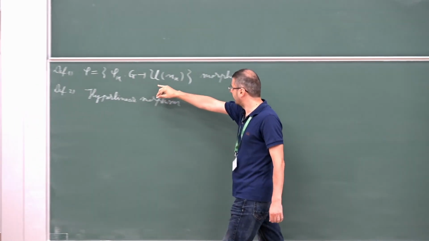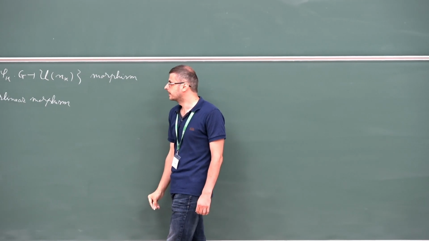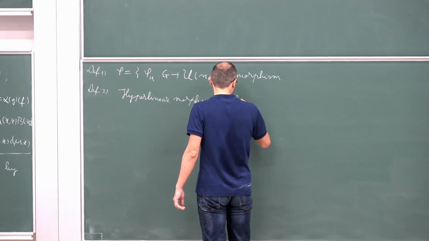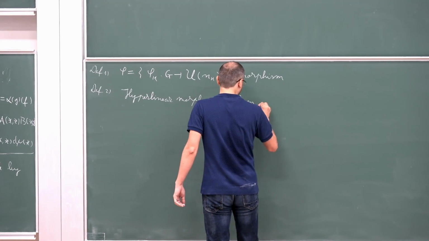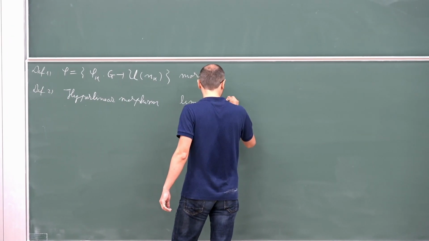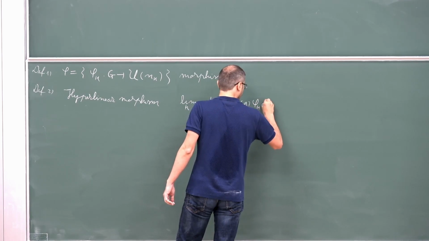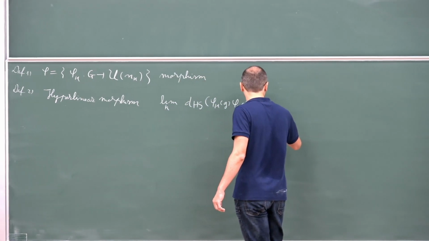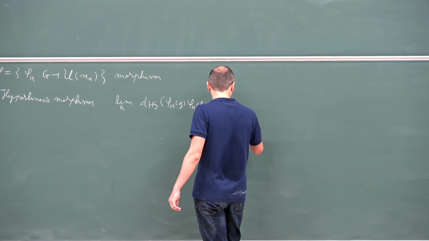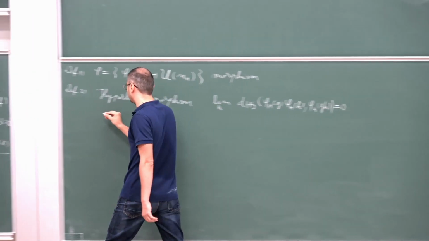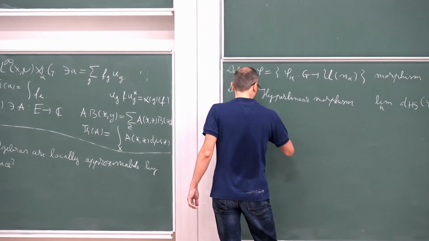So now I'm taking only a sequence of maps, but I ask them in the limit to be homomorphisms. So I'm asking that the limit in k of the Hilbert-Schmidt distance between phi_k(g)phi_k(h) and phi_k(gh) goes to 0 for each g and h in the group.